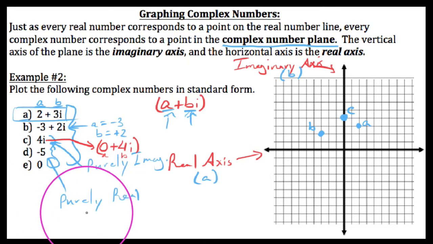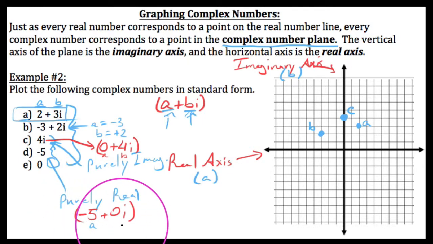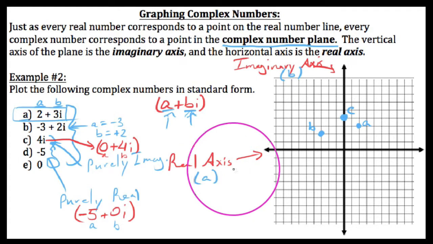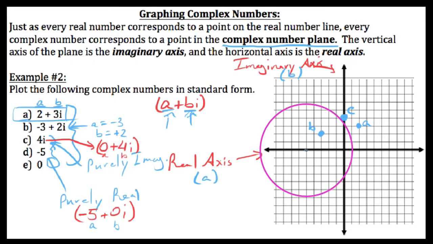Likewise, -5 written in standard form is the same thing as -5 plus 0i, where we have an A value of negative 5 and a B value of 0. So if a purely imaginary number occurs on the imaginary axis, a purely real number occurs on the real axis. We'd go left 5, 1, 2, 3, 4, 5. Draw a dot.